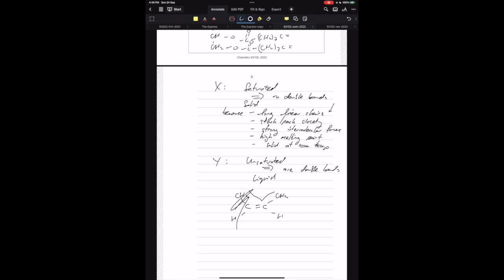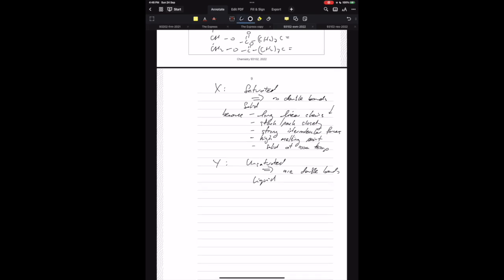And so you would have, because cis, not so linear, it's kinked. And so no good packing.